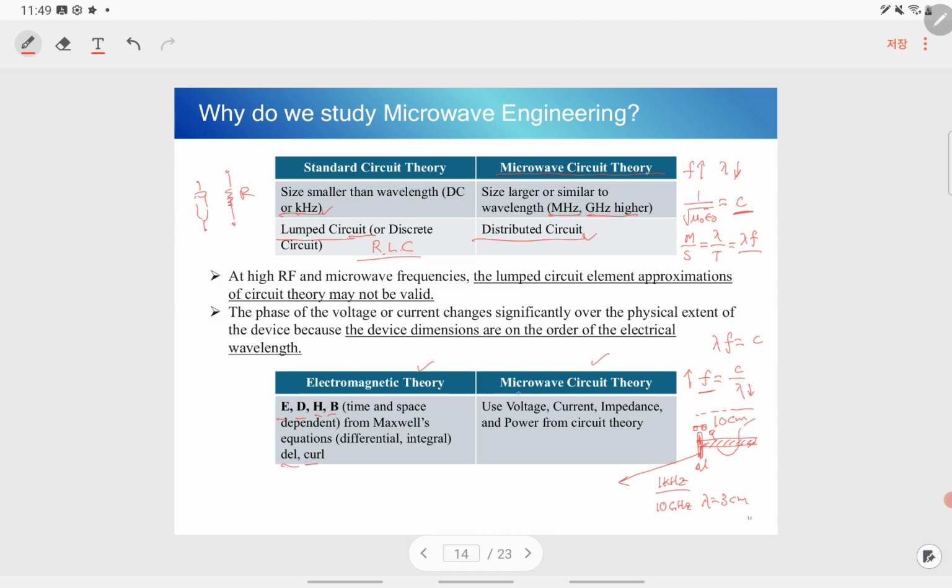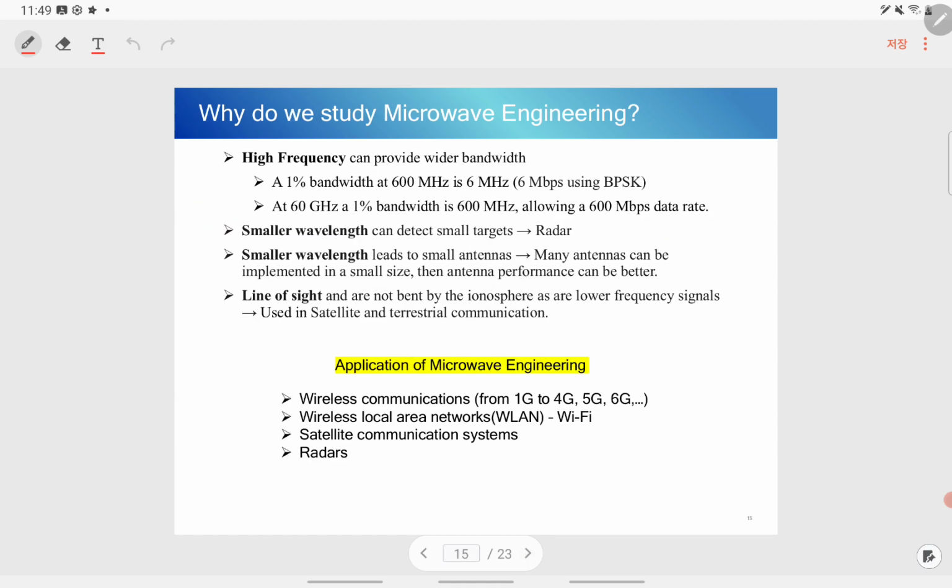But in microwave circuit theory, it's a circuit, so we use voltage, current, and impedance. These are all scalar. So I expect this microwave circuit theory will be easier compared to EM theory because we use scalar values.